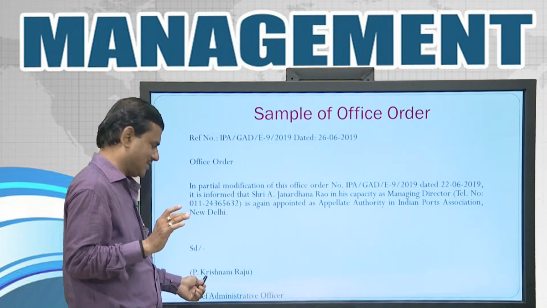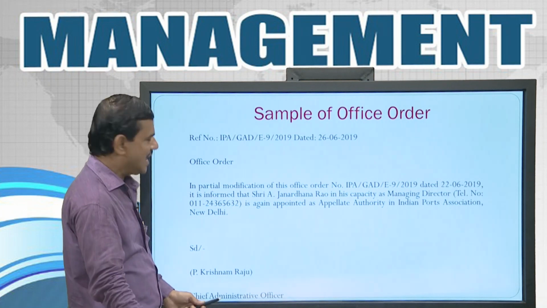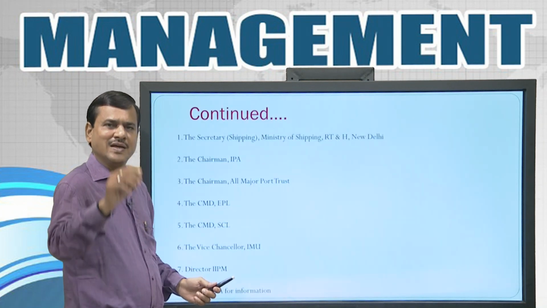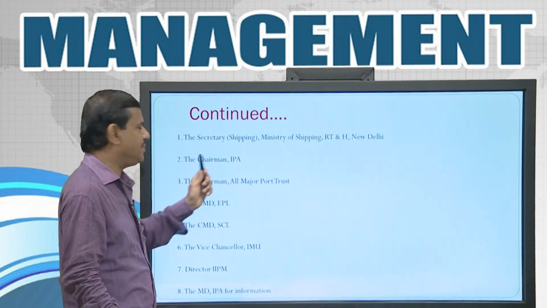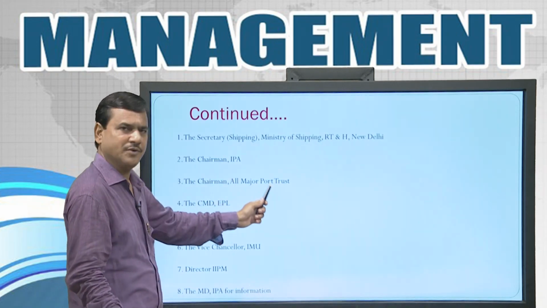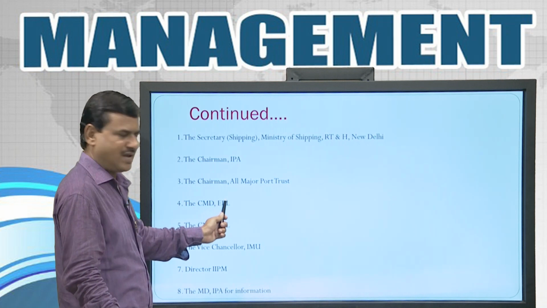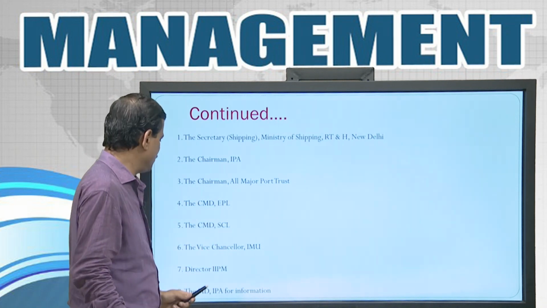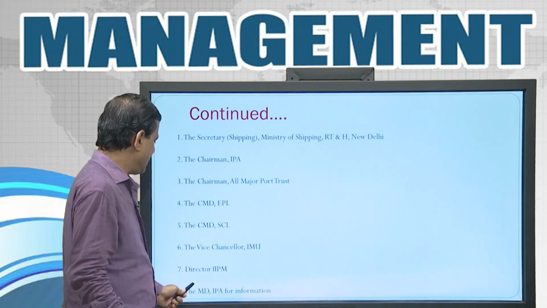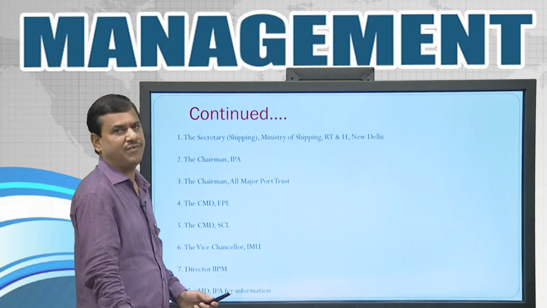Then there is a signature of this person, and this type of letter is to be sent to all the concerned authorities, which is known as CC. That means this letter is sent to the Secretary of Shipping, Ministry of Shipping, the Chairman of IPA, the Chairman of All Major Ports Trust, the CMD EPL, the CMD SCL, the Vice Chancellor IMU, Director IIPM, and the MD IPA for information.